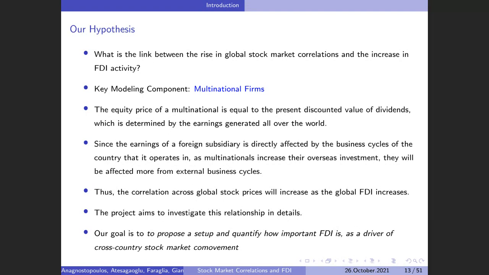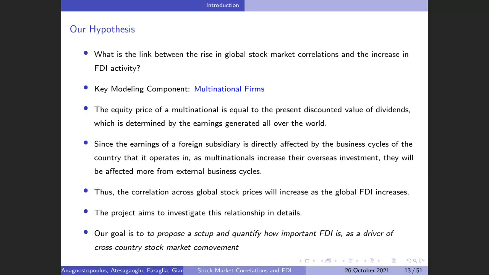However, in that set, assume that these two economies started to have plants in the other one, which means that now, let's say, US firms do not only produce locally, but they produce at home, but also away. And the foreign plant, the overseas plant of the US corporation now is going to be affected by the TFP shocks of the overseas economy, which means that the total dividends that will be distributed by the US corporation will be coming from two places, local plant and foreign plant.